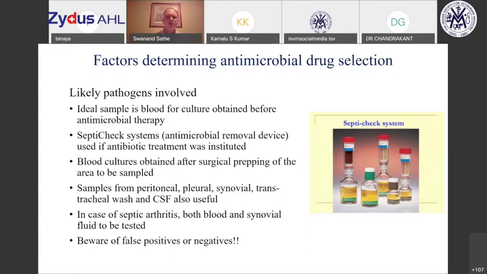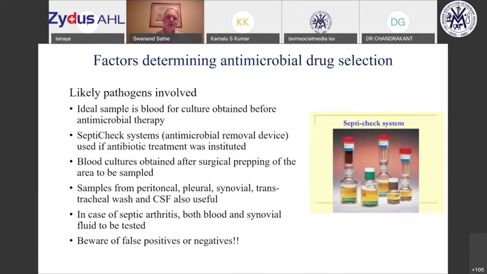Blood cultures have to be obtained from external or peripheral veins using strict aseptic technique. If you break aseptic technique, you essentially are taking a contaminated sample, and that may skew the results of your blood culture.